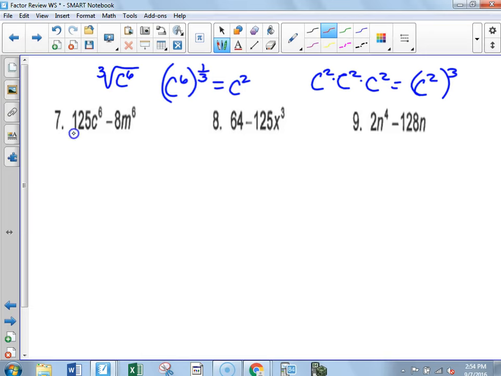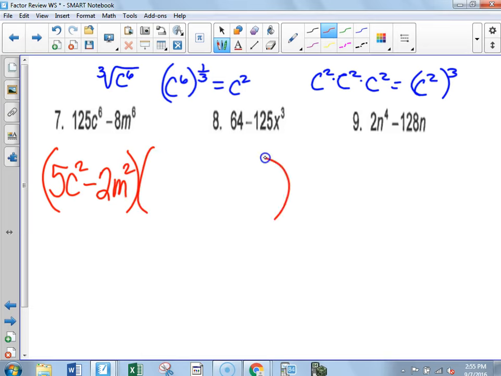All right. So what's the cube root of 125 c to the 6th? Okay. And the cube root of 8 is 2, so we have a minus 2, and the cube root of m to the 6th is, okay, now it gets a little messy.